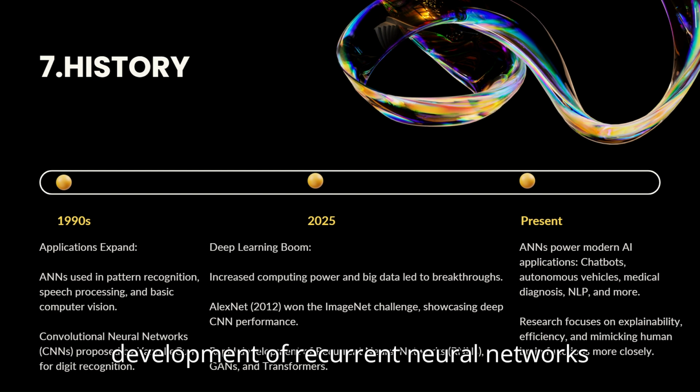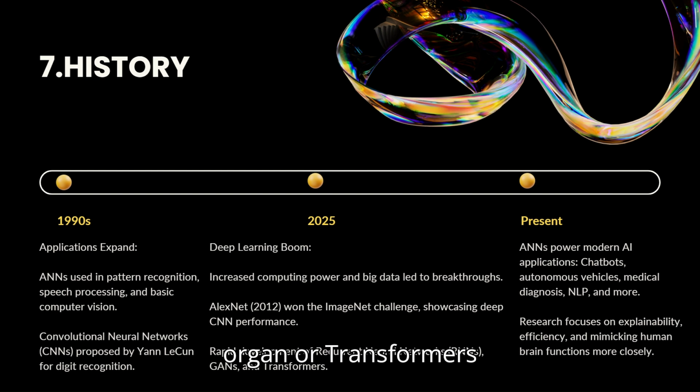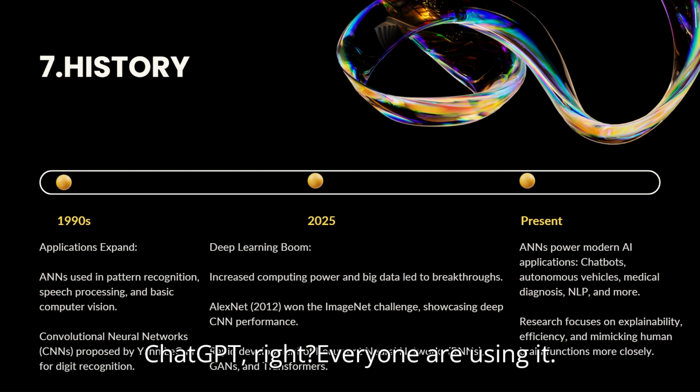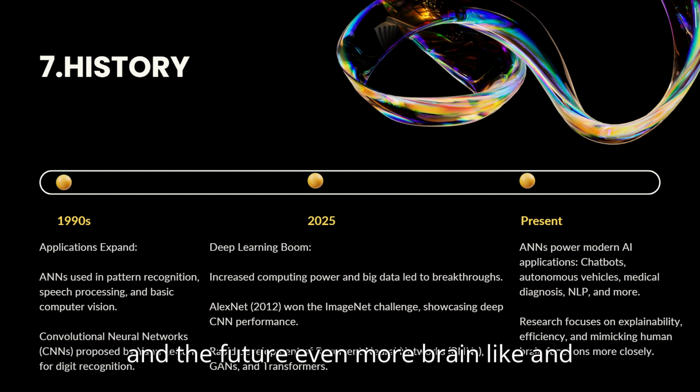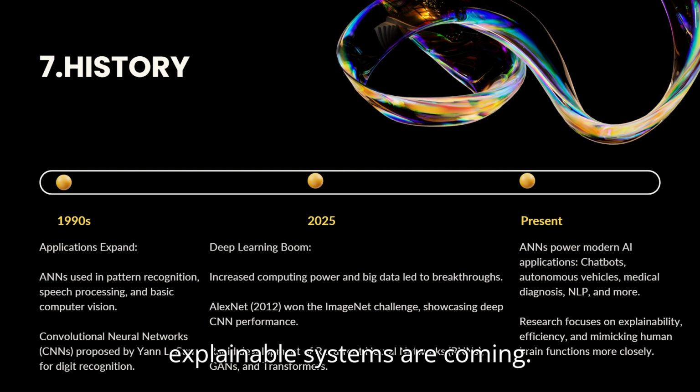Rapid development of recurrent neural networks, GANs, and transformers. Like we are mostly using ChatGPT. Everyone is on ChatGPT, right? Everyone is using it. That's why DNN has come into boom. So now in the present, from RNN to transformers, ANN is the engine of AI. And in the future, even more brain-like and explainable systems are coming.